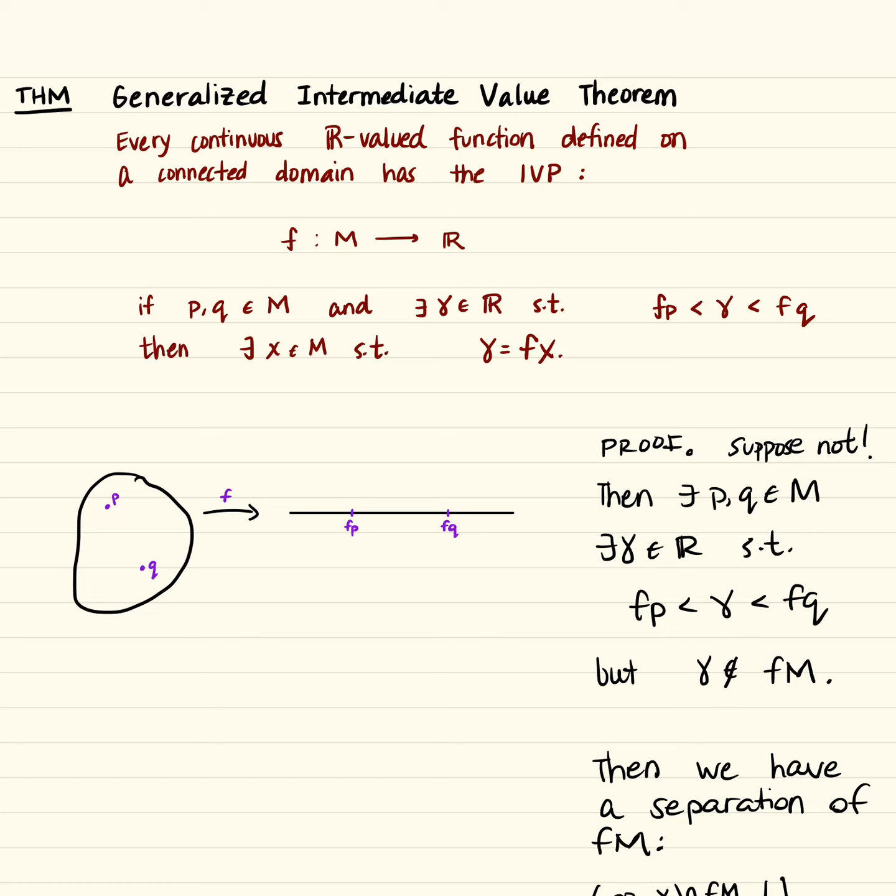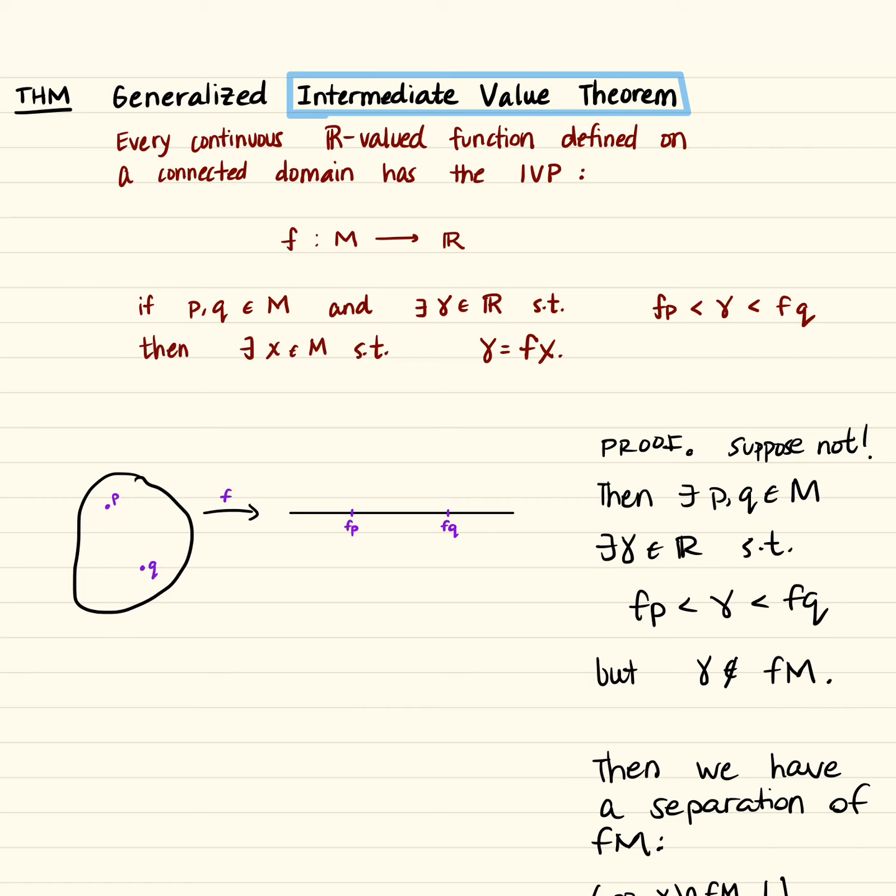Let's see here. Generalized intermediate value theorem. Remember we discussed that we would have three value theorems. The first was the extreme value theorem, second, the intermediate value theorem, and the third, which we'll get into in chapter 3, the mean value theorem. Each time, the codomain is R, real numbers, and we're talking about the behavior of a certain type of function.